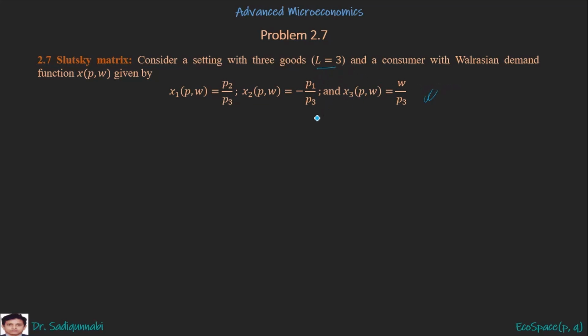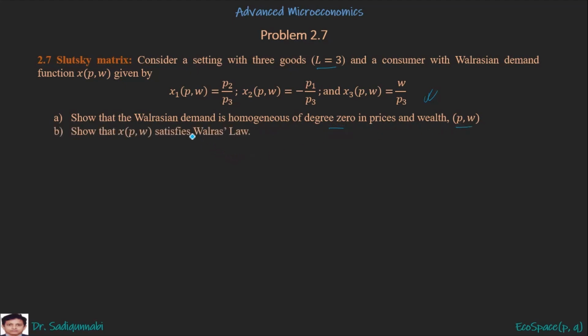Show that Walrasian demand is homogeneous of degree 0 in prices and wealth. Show that x(p,w), that means Walrasian demand, satisfies Walras' law, and show that x(p,w) violates the weak axiom of revealed preference, WARP.